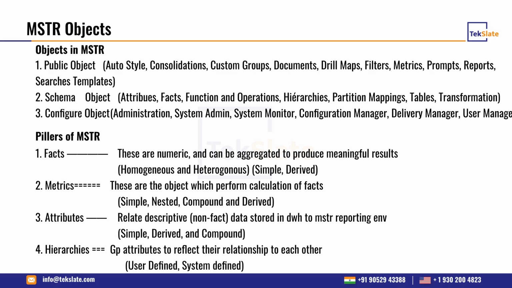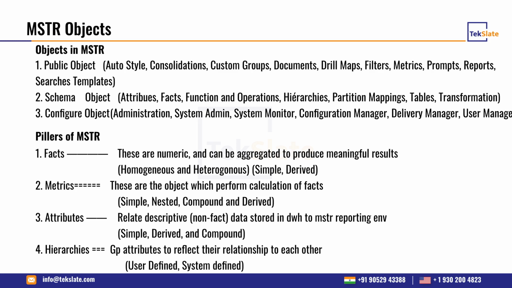The configuration objects are used to control the project itself by giving specific information access to a specific user. So configuration manager is there, user manager is there, system monitor is there, system admin is there. All the administration work is done on the configuration object, and according to its functionality, we utilize that function in our project.